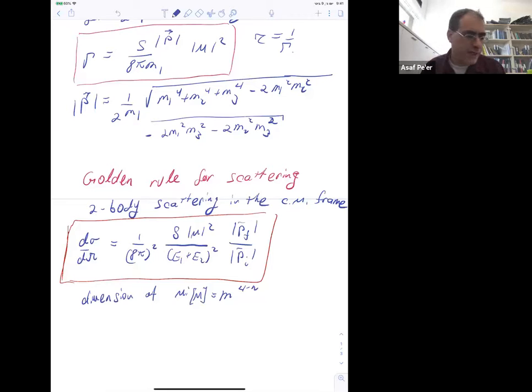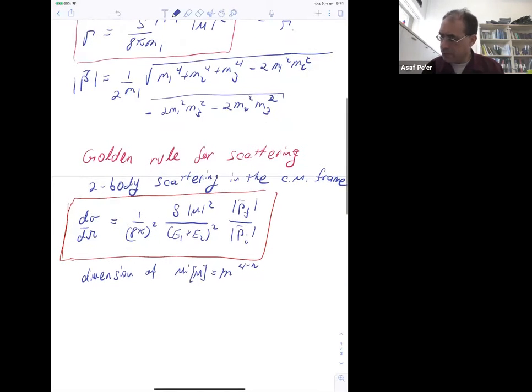So in this two-body scattering, M is dimensionless here, but if we have a single particle decay, the M does have a dimension of momentum. Okay, now the question that remains is to actually calculate M, this matrix element.